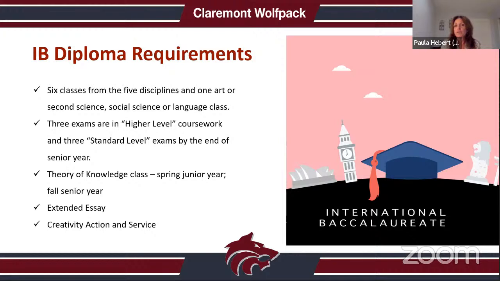IB diploma also requires an extended essay. It's a topic of your choosing, and you work on that in the summer before your senior year. And it requires creativity, action, and service.